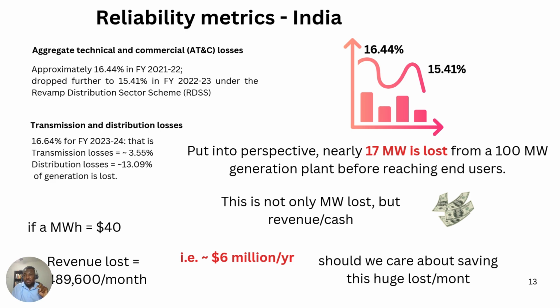When you do the math, revenue loss for every single month will be $489,600. If you calculate for the entire year, you are losing $6 million. So, for instance, if this plant is to operate for 20 years, most power plants have a power purchase agreement.